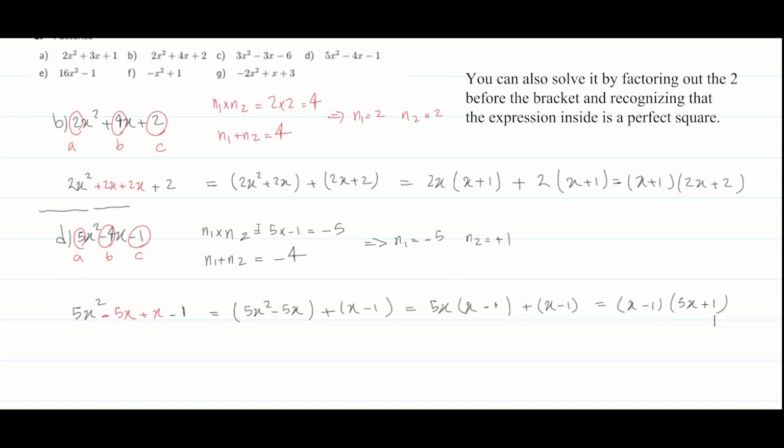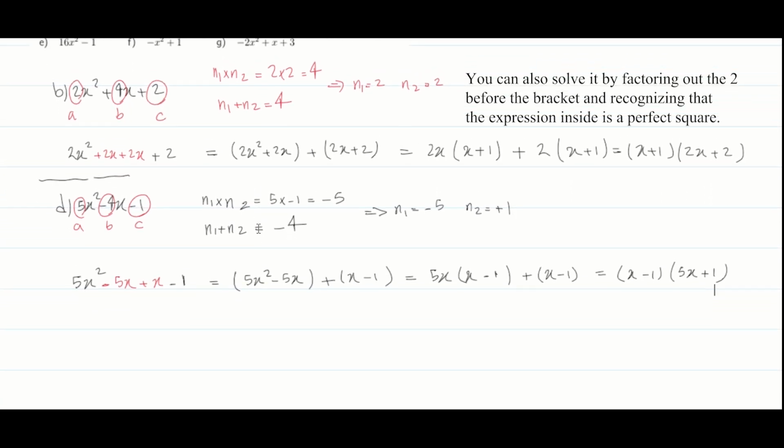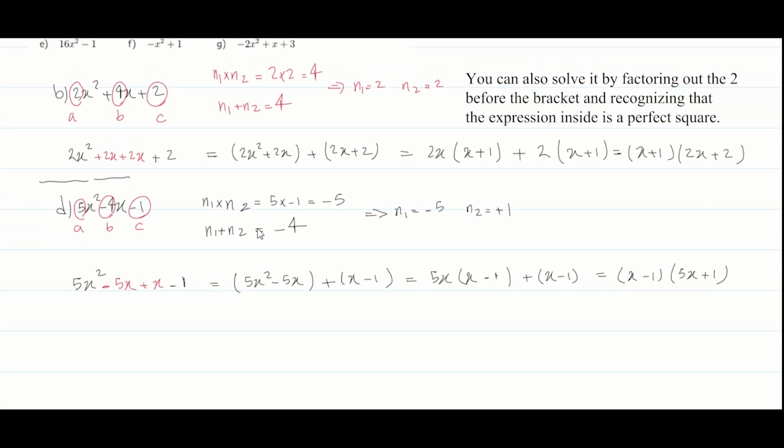Now, for the last example, let's look at G. On G, we have negative 2x squared plus x plus 3. Again, we need to find two numbers that their multiplication should be equal to A times C. Our A value in here is negative 2.